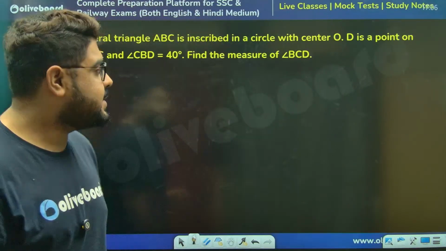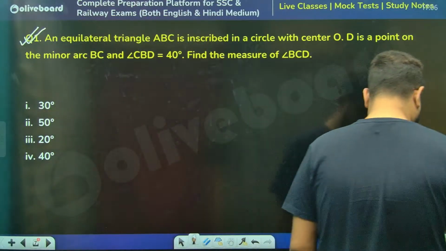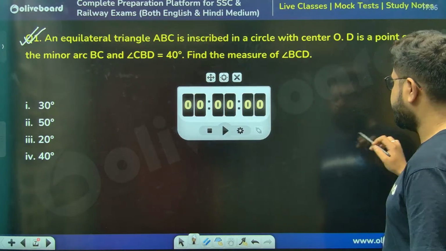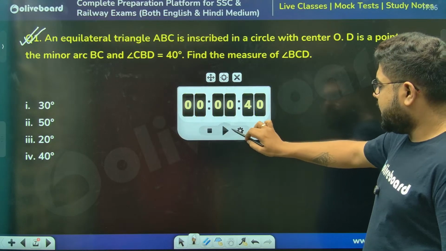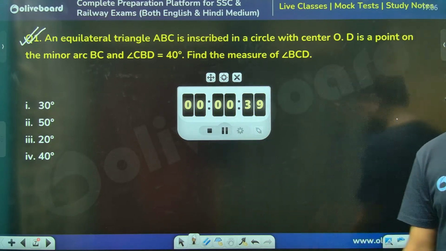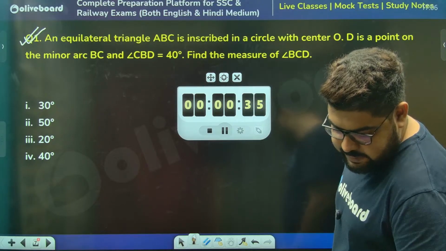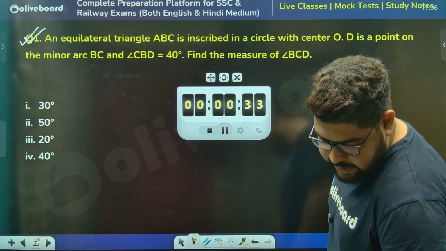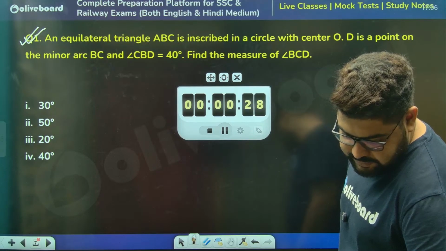First question is this one. I'll give you 30-40 seconds, so please solve, and then I'll solve. Let us start as quickly as possible.